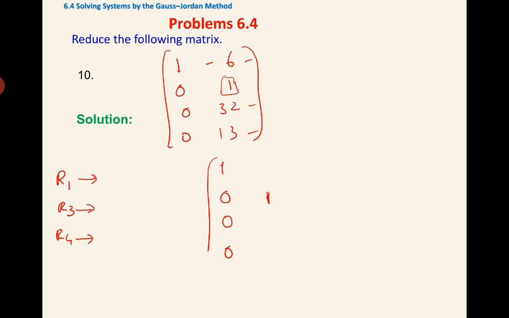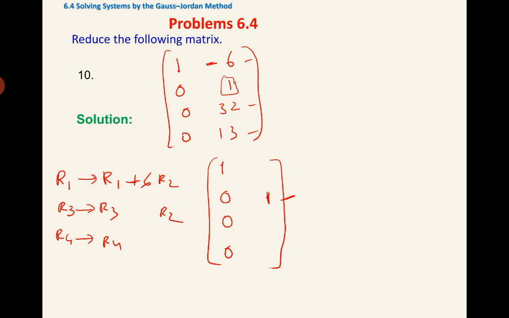The second column. So the formula: R1 starts from R1 and deals with R2, isn't it? So R1: -6 plus 6 times R2. R2 is the row in which the leading element is there, so everywhere we should use R2. R3 starts from R3, R4 starts from R4.